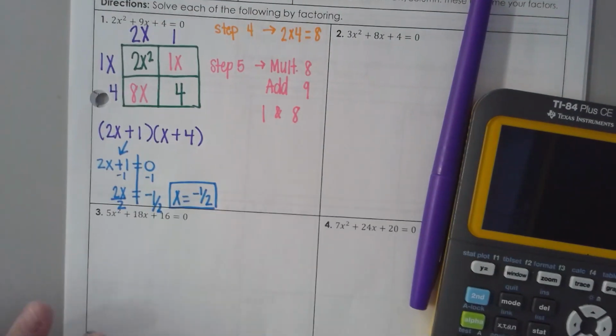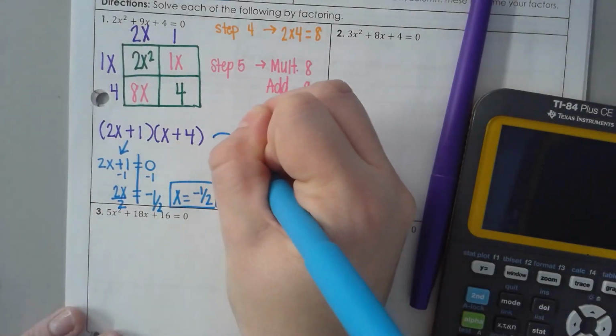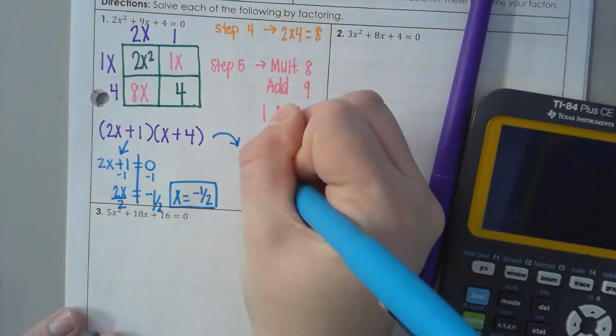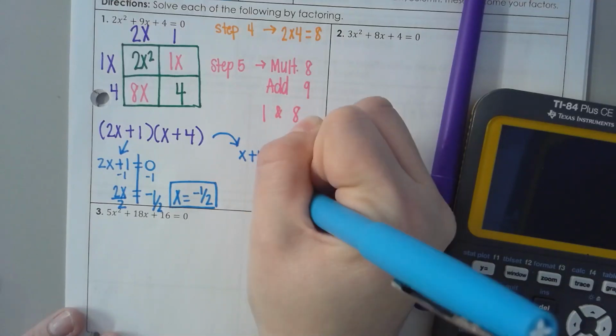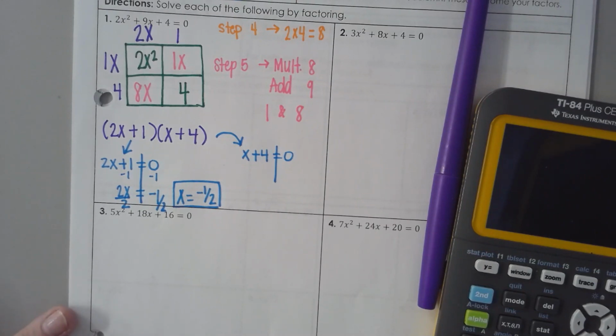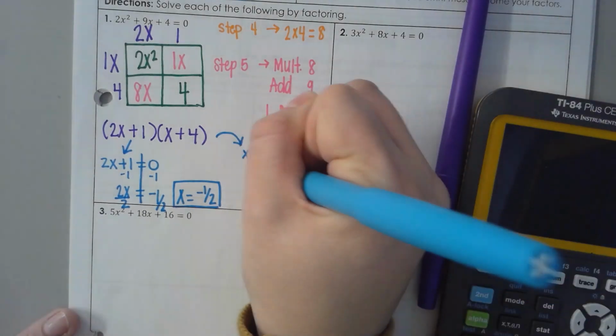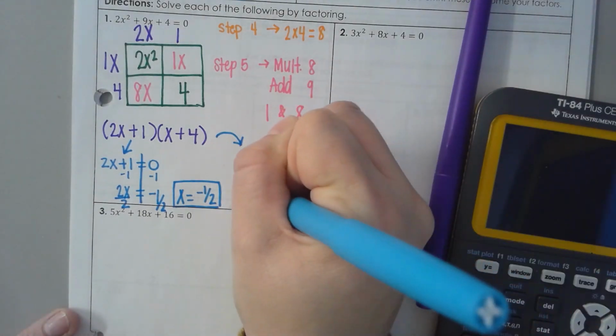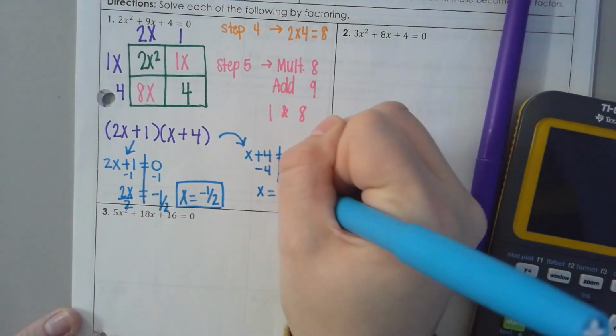So I have one of my x-intercepts at negative 1/2. The other one, I do x plus 4 equals 0. Subtract 4, very good. And we get x equals negative 4.